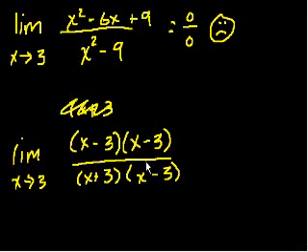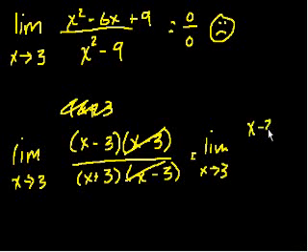Well, if we assume that x is any number but 3, we can cross out these two terms, because then they wouldn't be 0. It only is 0 when x is equal to 3. And I'm not being very rigorous here, but this is kind of how it's taught, and I think you get the intuition, that this is the same thing as the limit as x approaches 3 of x minus 3 over x plus 3.